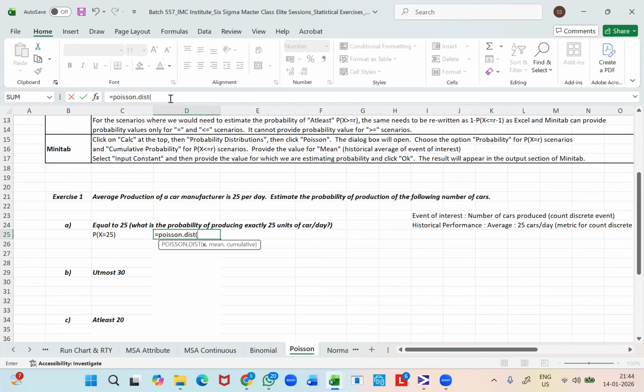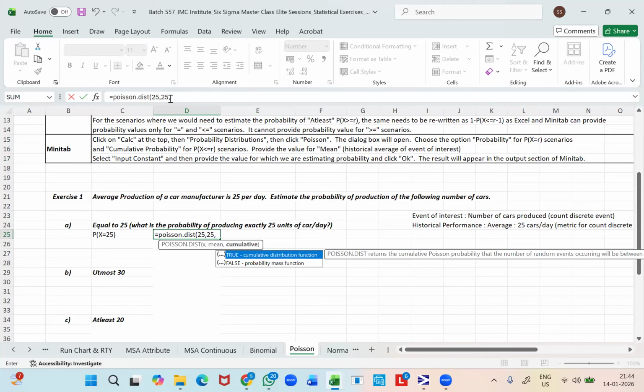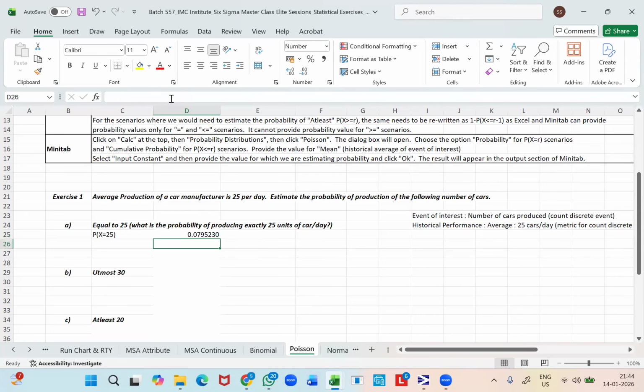Here it is given as X, which is 25. Mean is nothing but the historical average, which is also given as 25. And cumulative for equal to will be false. You need to round this off to 4 decimal places and provide the inference.